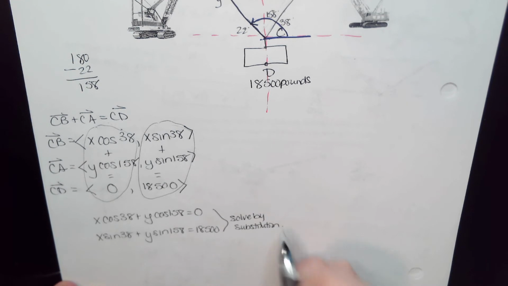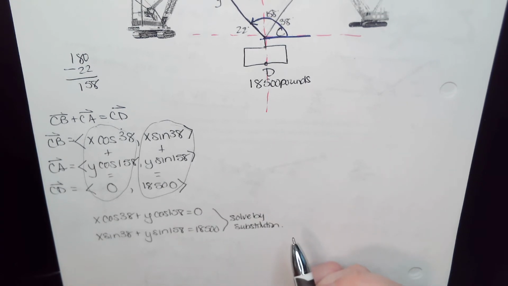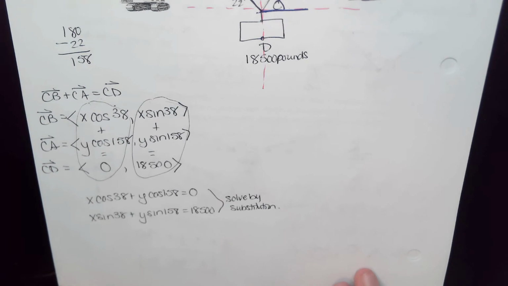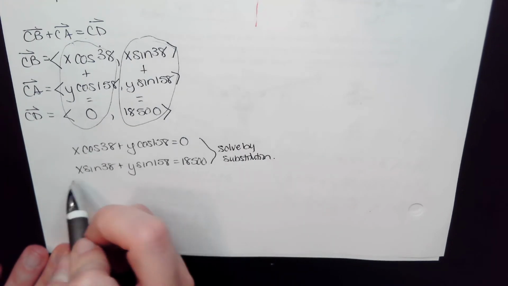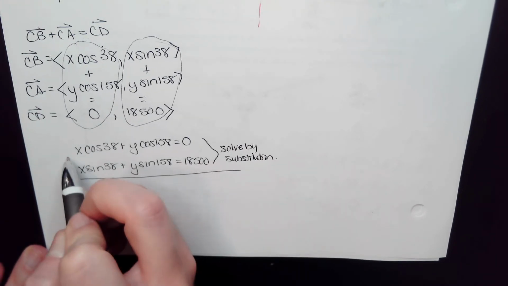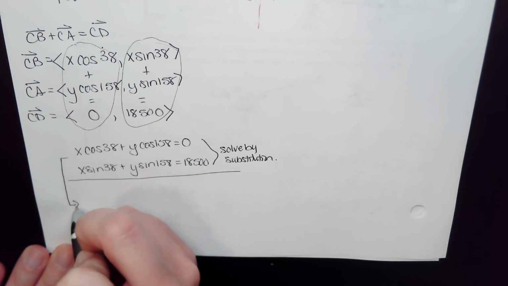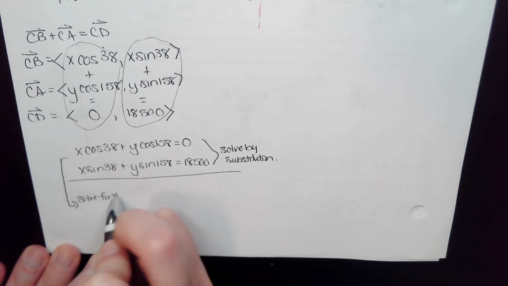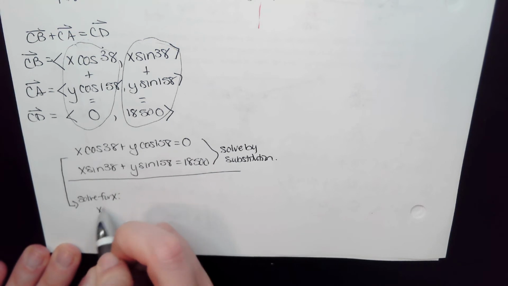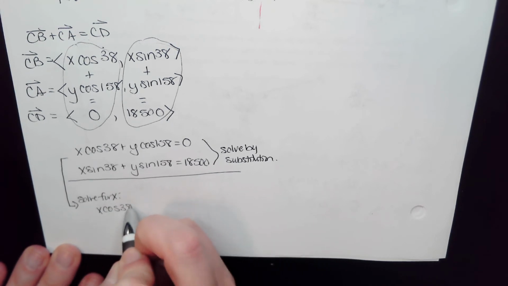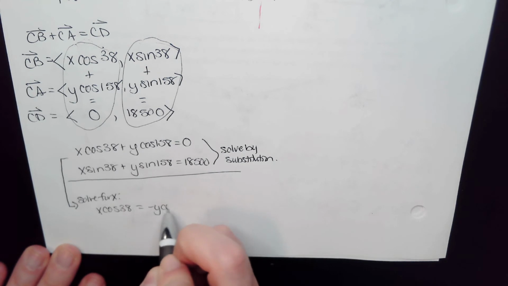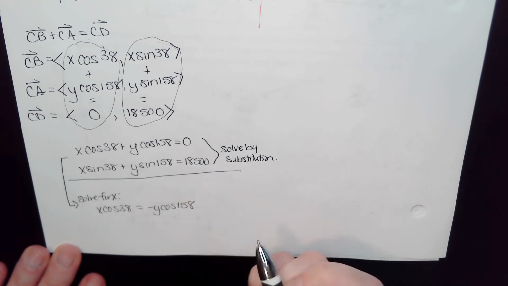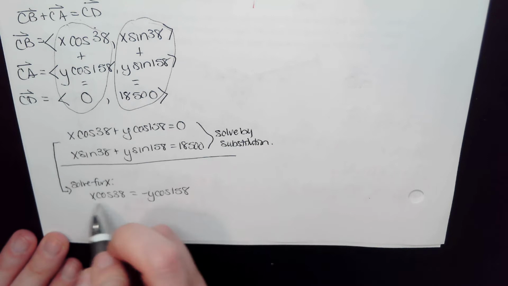All right, so to solve by substitution, we need to solve one of them first for x. So I usually take this first one since it's already equal to 0, and I'd solve that for x. So I'm going to first subtract over that y cosine 158. And then to solve for x, I'm going to divide both sides by cosine of 38.